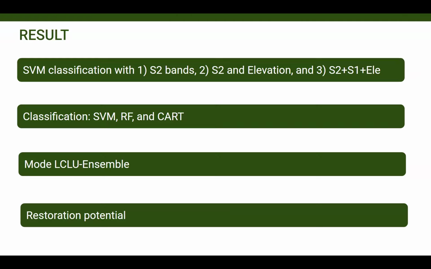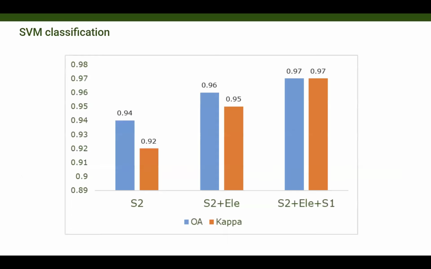After that, the ensemble approach of land cover land use. Finally, the restoration potential: how much restoration could be available, converting plantation to agroforestry or other mixed vegetation types to better support biodiversity, carbon sequestration potential and ecosystem services. So this is the overall.